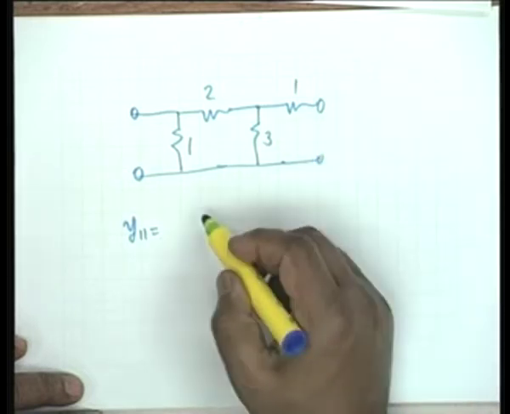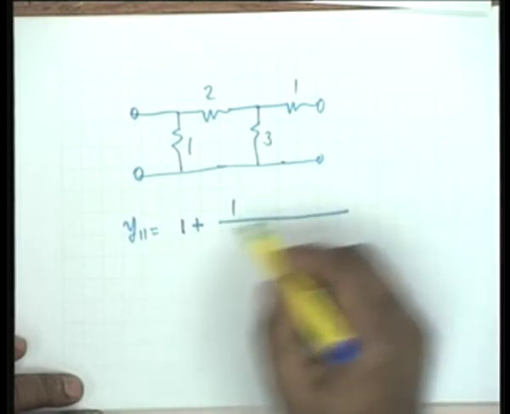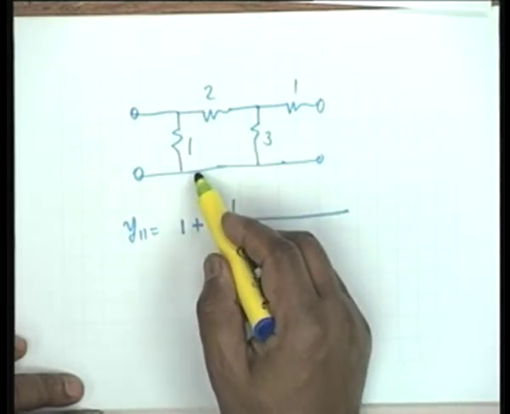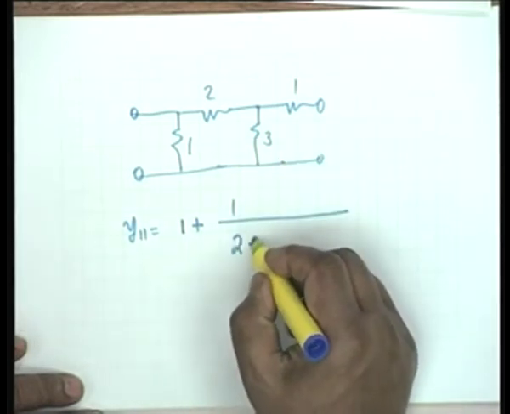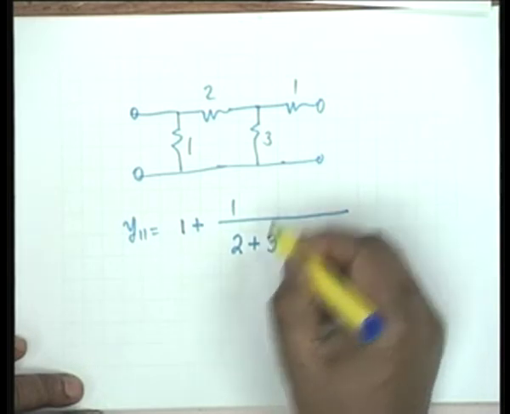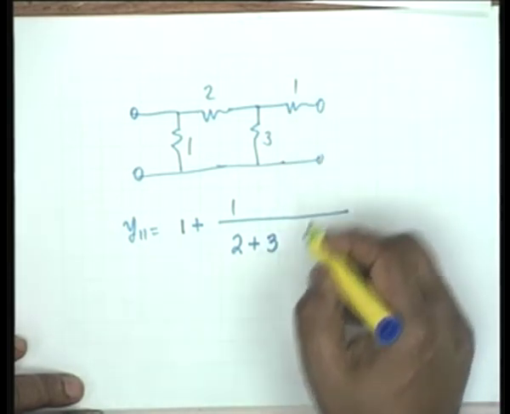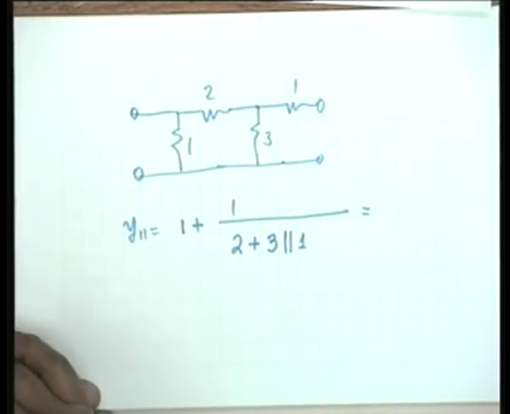If I short this, then I get 1 plus 1 over, this admittance in parallel with whatever admittance comes here, which is the reciprocal of impedance. So 2 plus 3 parallel 1, because this is shorted, 3 parallel 1, whatever the value is, you can now calculate. Is that clear?